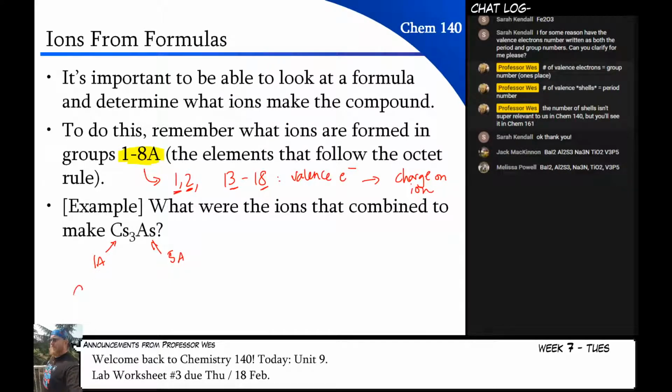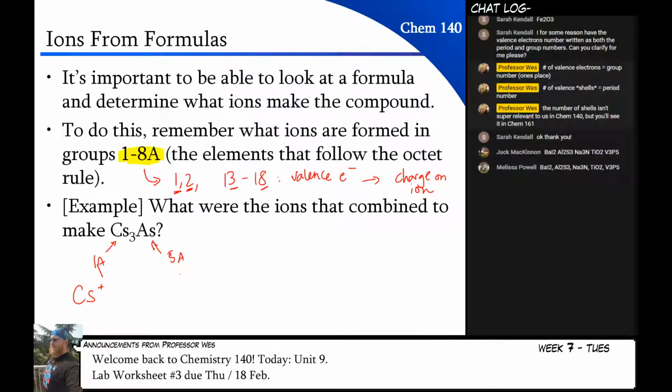Elements in column 1A have 1 valence electron, so I would need to get rid of it to get a charge of +1.